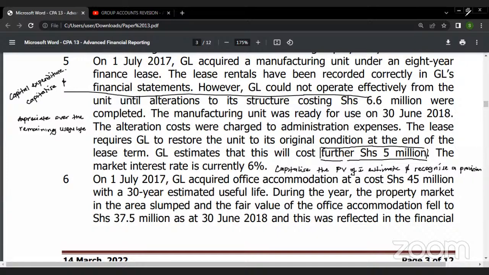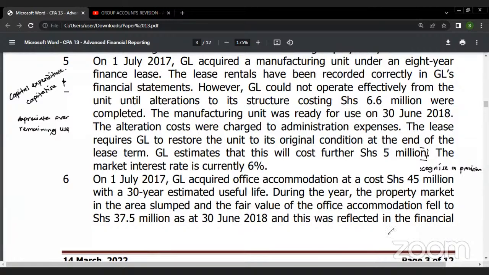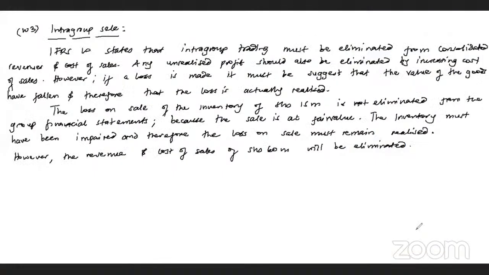This will be our working number 4. Let us write about this manufacturing unit.